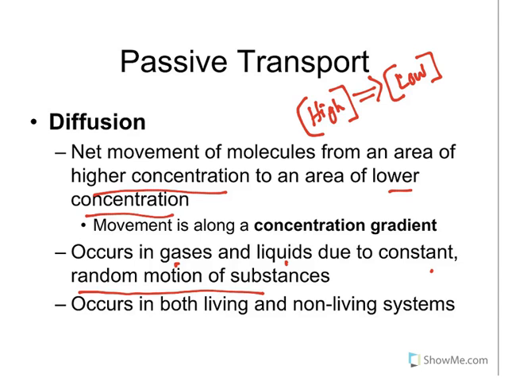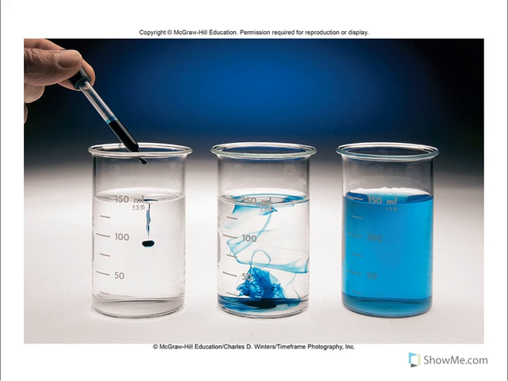And this happens in both living and non-living things. If we look at diffusion, I love this example. Here we've got an eyedropper full of blue dye and a beaker full of water. We put one drop in there. You see this drop sinks to the bottom, and over time it's really concentrated right here.